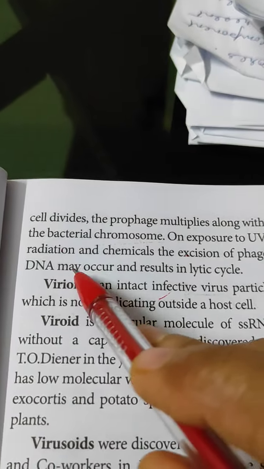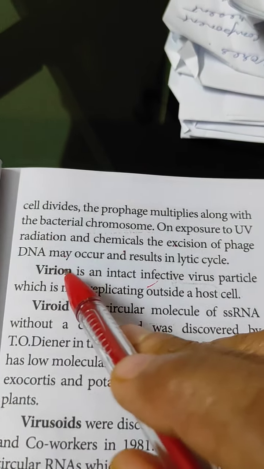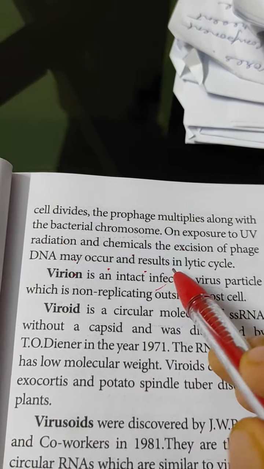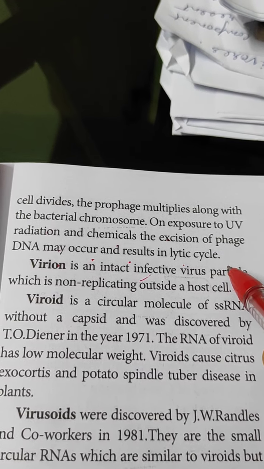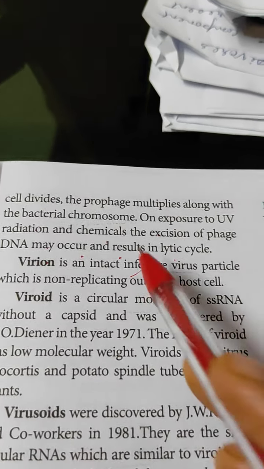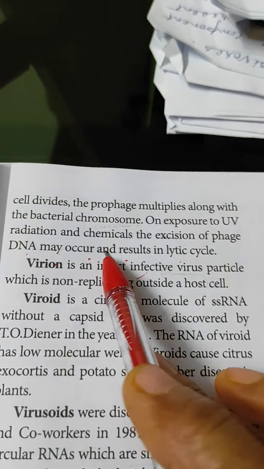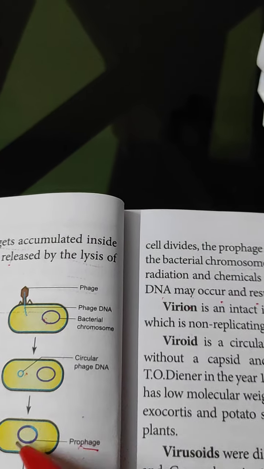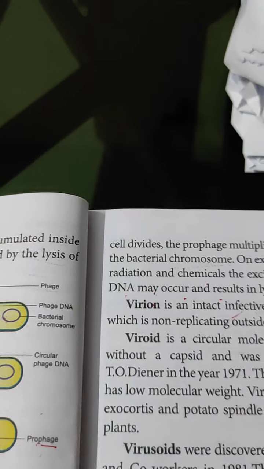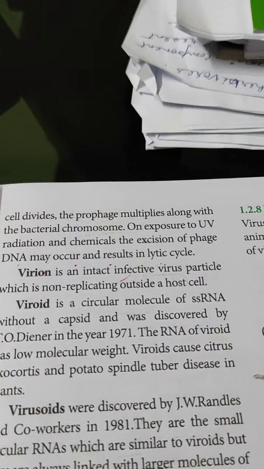On exposure to UV radiation and chemicals, excision of the phage DNA may occur and result in the lytic cycle. The phage DNA may come out, and if it divides independently, it will again enter the lytic cycle.